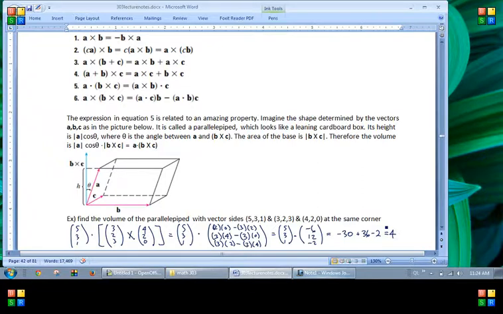So there's the volume. If we're saying this is meters, you could say these are cubic meters.